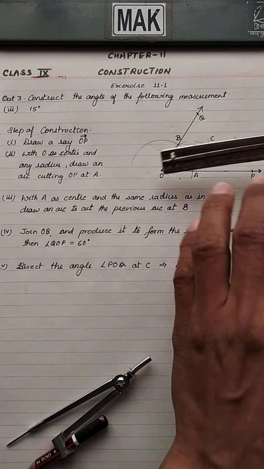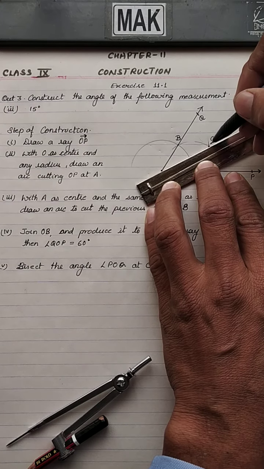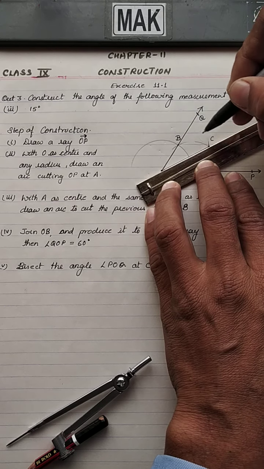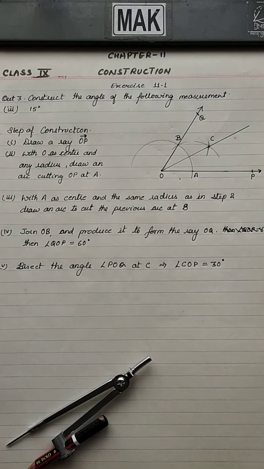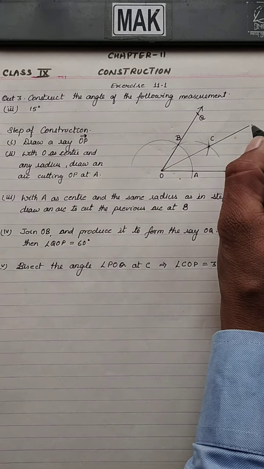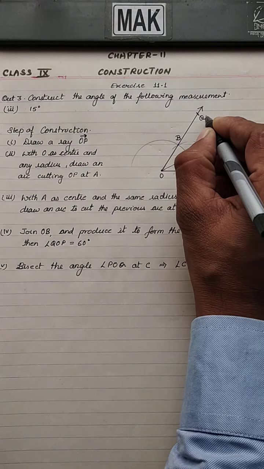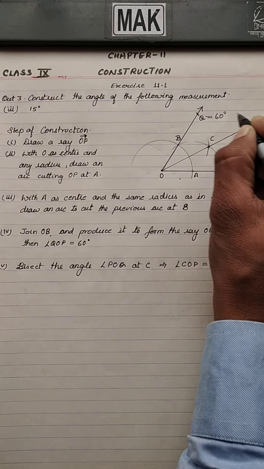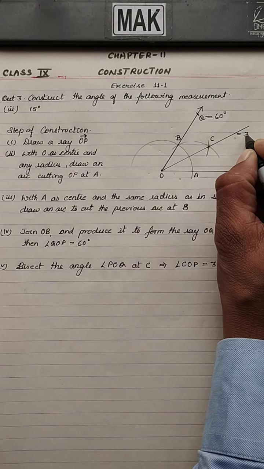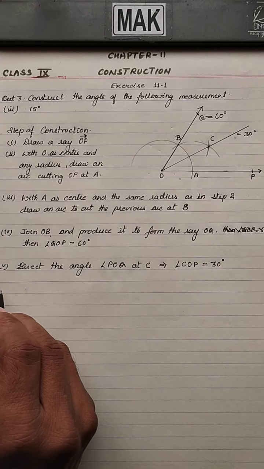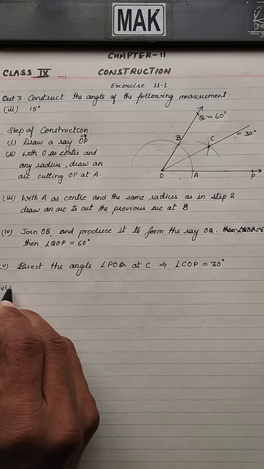Now we will join C and O. If you join C and O, obviously you can see that COP is your 30 degree angle. This line is of your 60 degrees, and here this is of your 30 degrees. Now we are going to draw the next step, the 6th step.